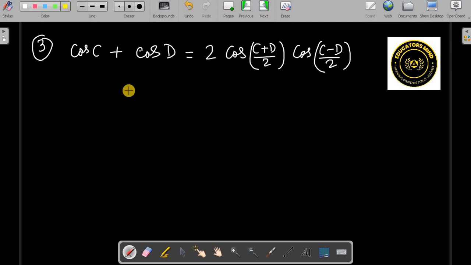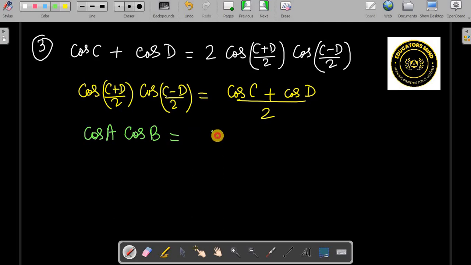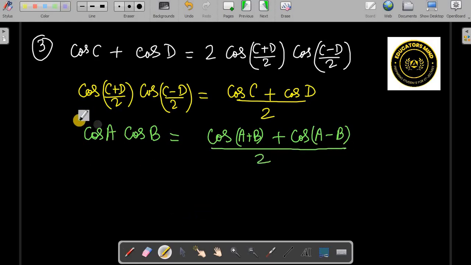So similarly here also we can write cos of (C plus D) by 2 into cos of (C minus D) by 2 is equal to (cos C plus cos D) divided by 2. Now if I want to write (C plus D) by 2 as A, that means cos A cos B can be written as cos of (A plus B) plus cos of (A minus B), divided by 2. This can be transformed into that.